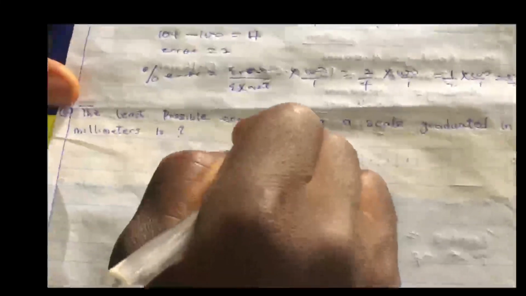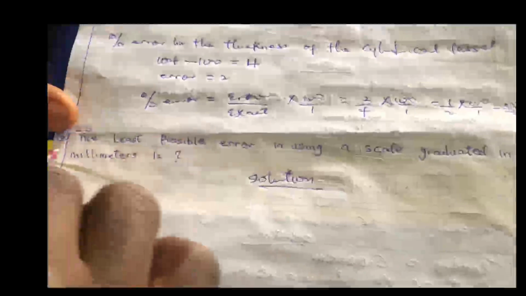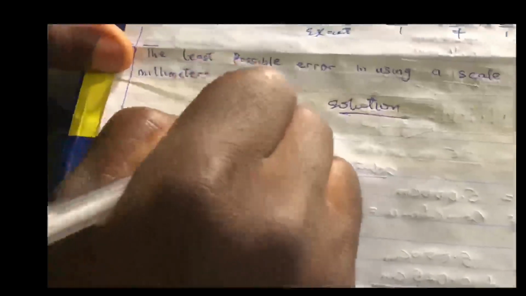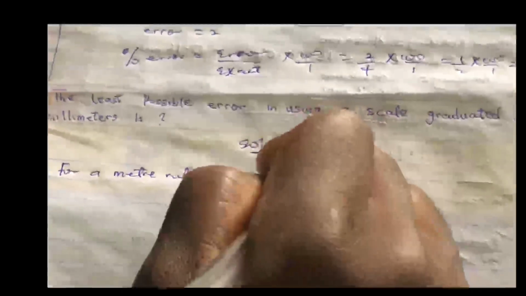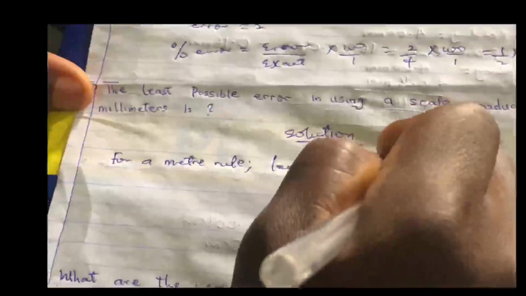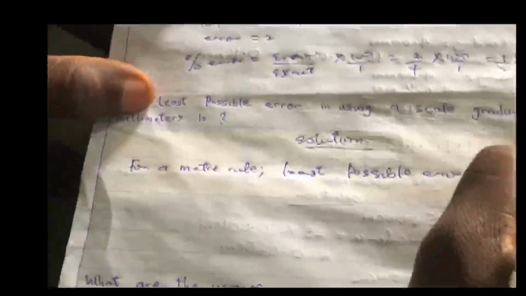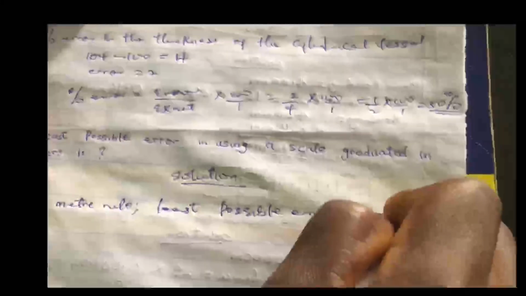Now, the last question. The least possible error in using a meter rule graduated in millimeter. If you have looked at the previous videos, I have talked about the least possible error. What's the formula for the least possible error in using a meter rule? The least possible error is 1/2 times the smallest division.